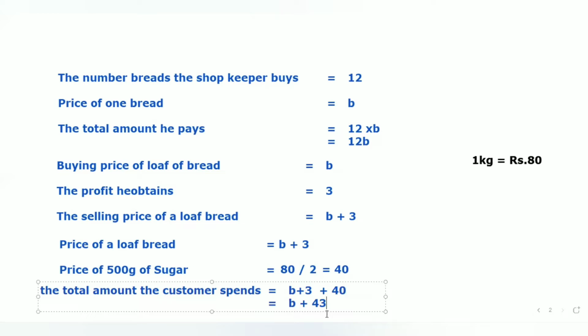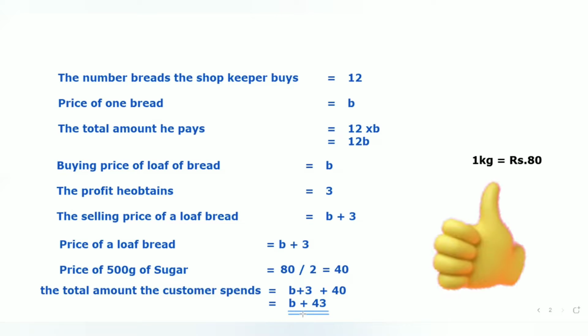So the total amount of money spent by the customer is B plus 43. The customer has spent an amount of B plus 43 for a loaf of bread and 500 grams of sugar. So I hope this is clear to you.